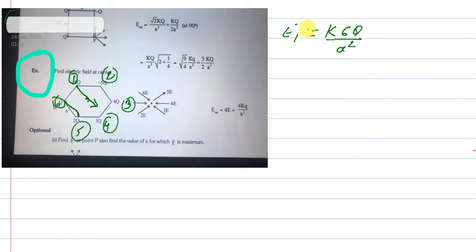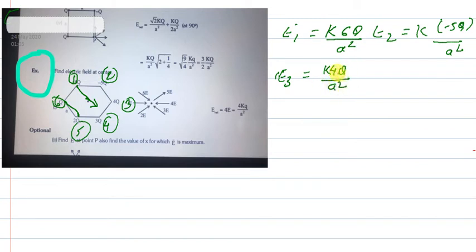Okay. Now electric field due to charge 2, similarly you have to write E2 is equal to K into minus 5Q divided by A square at the center, same distance. Similarly you can write for charge 3, E3 is equal to K into 4Q divided by A square.